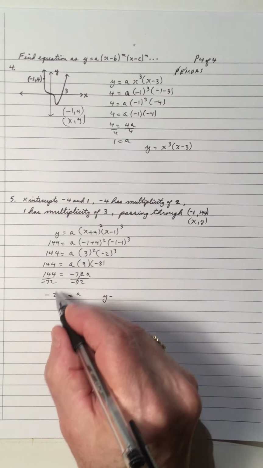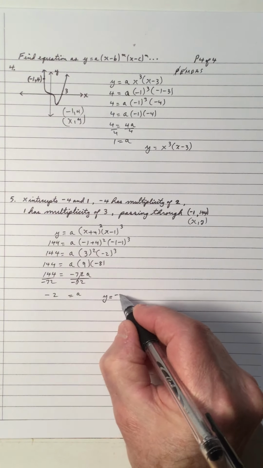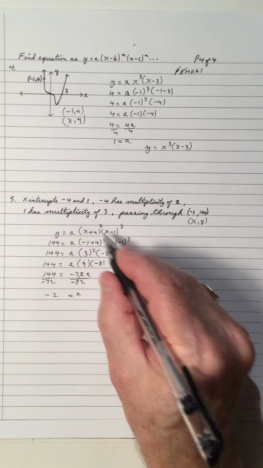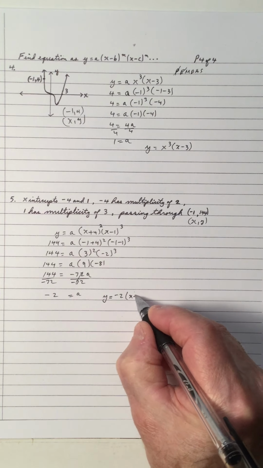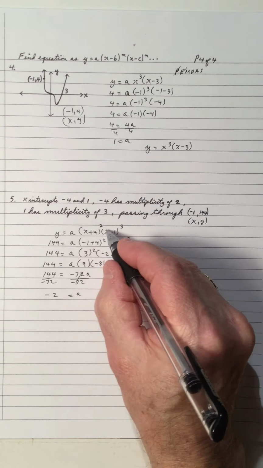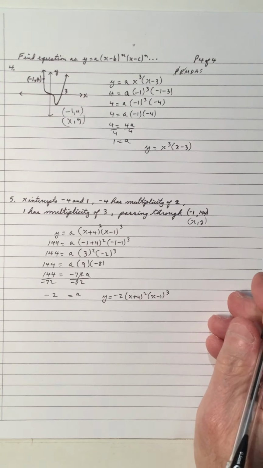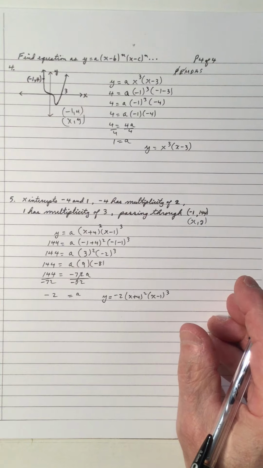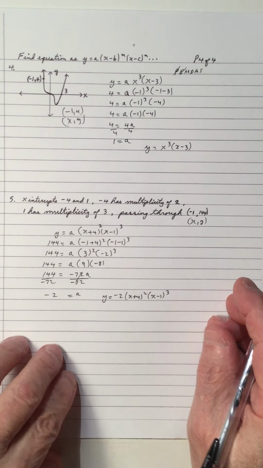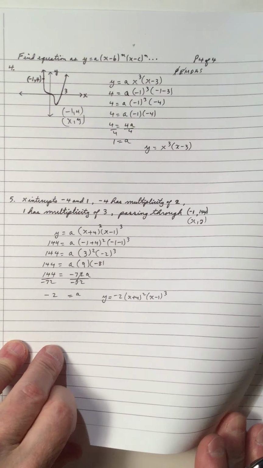A is negative 2. And we write down x plus 4 squared and x minus 1 cubed. So that's given information, given a graph, find the equation of the polynomial in factored form.